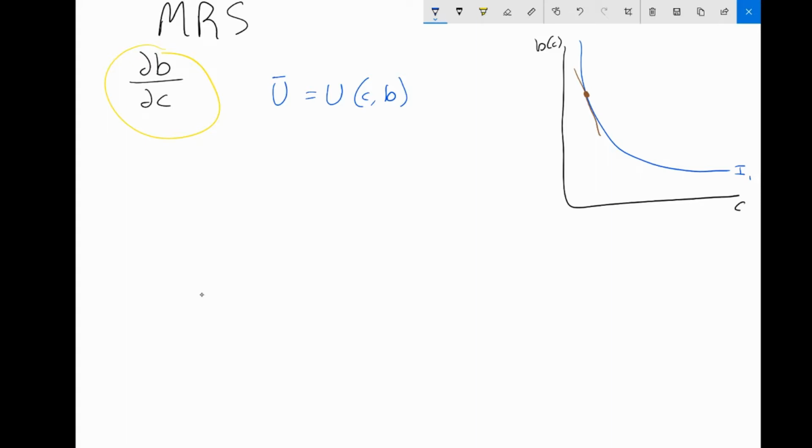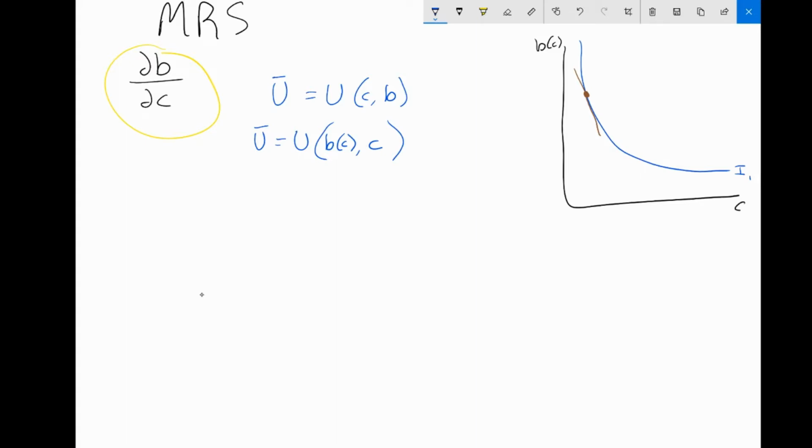How would I do that? Well, first, let me rewrite it real quick. I'm going to represent here that b is a function of c. To make it more clear, I'm going to rearrange this: b is a function of c, and then we have c.